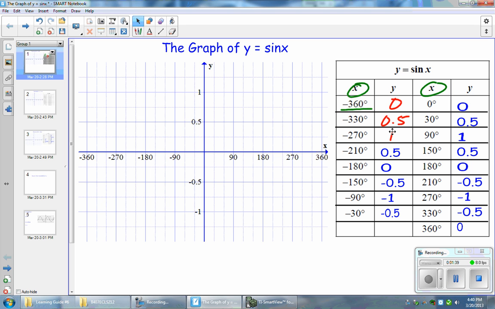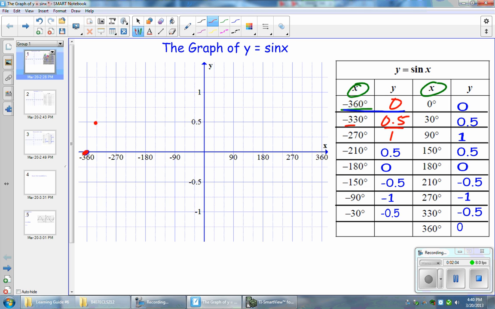And then what you're going to do with each of these points is, of course, graph them on this empty Cartesian plane. So let's start with the first point here, negative 360, 0. So that's going to be an x-intercept located, I'll use a different color here, right there. Okay, let's look at the second point, negative 330 comma 0.5, and that's going to be right there.